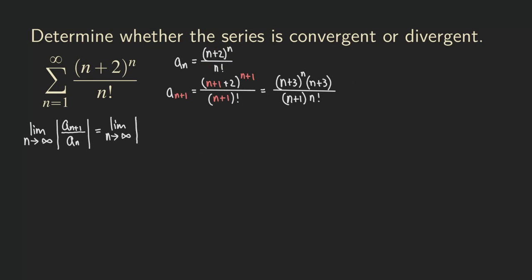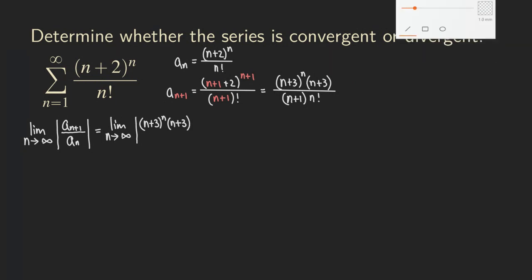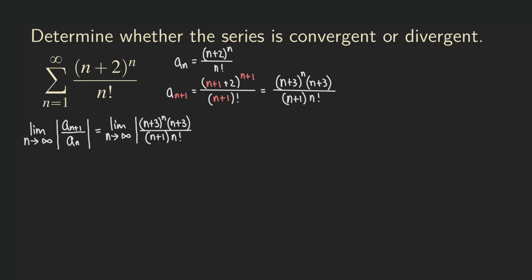Okay, so that would be the absolute value of the expression right here, that's a sub n plus 1. So we have n plus 3 to the n power, and then n plus 3, over n plus 1 times n factorial.